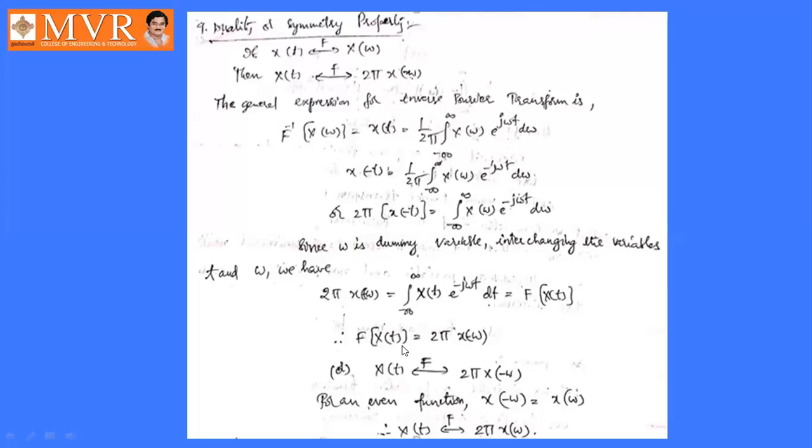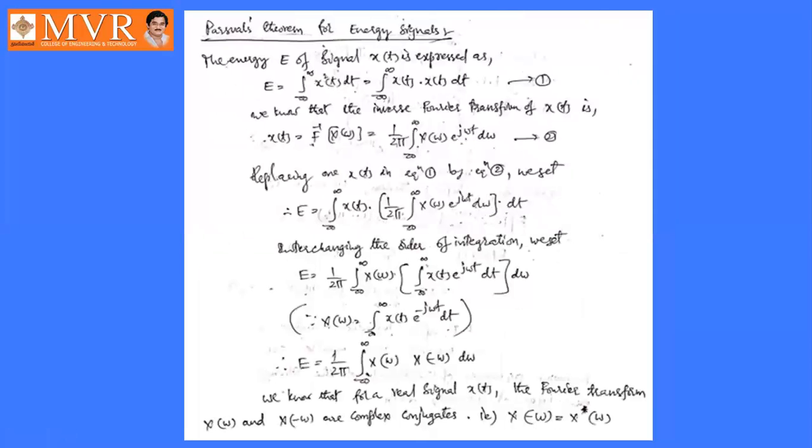So the Fourier transform of X of t is equal to 2 pi into x of minus omega, hence proved. For an even function, x of minus omega will become x of omega, so the Fourier transform of X of t is 2 pi into x of omega. This is the duality or symmetry property.